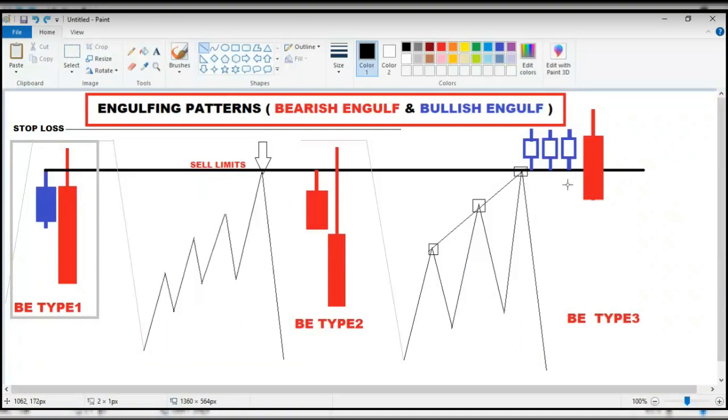Okay, so with variation engulfing type 3, you just find a price column. Okay, let's see. A column like this, and then price comes back for the first time.